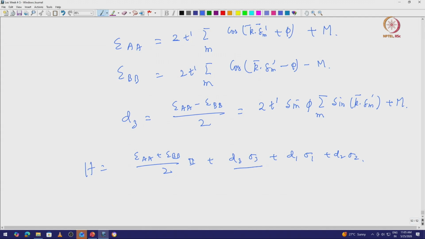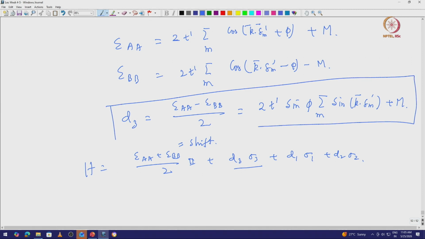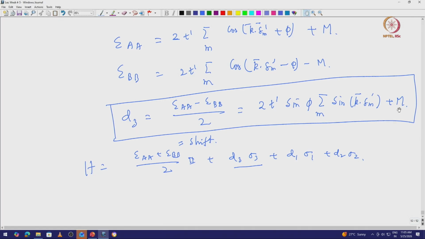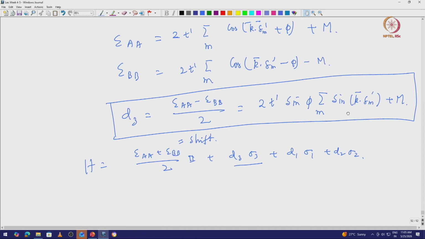But now we get a D3 term. This term does not make much of a difference, just a shift of the band structure. Now this is our interest. We still have to have our parameter space, and these are the two parameters we have, T prime and M, such that this will change sign within the Brillouin zone.